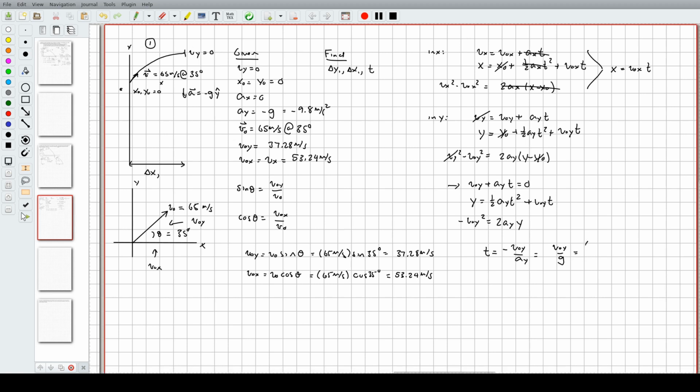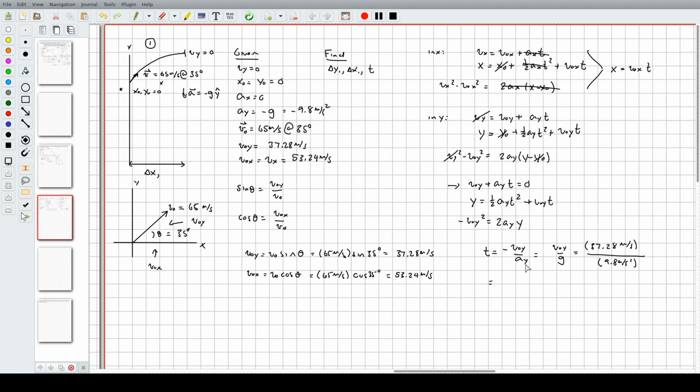So if you plug in the stuff that we know, v naught y is 37.28 meters per second, and g is 9.8 meters per second squared. Again, I want to reassert the fact that g is just a number. It's always positive. The minus is the direction, and we put that in already.